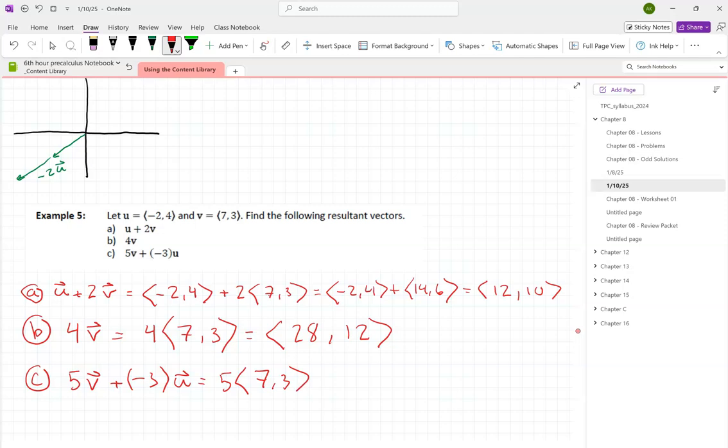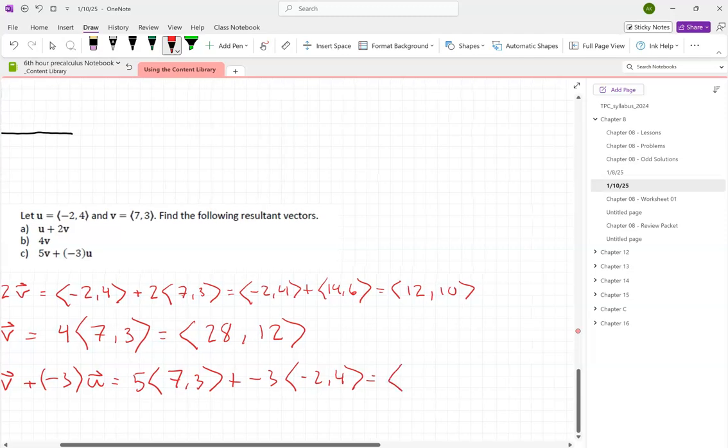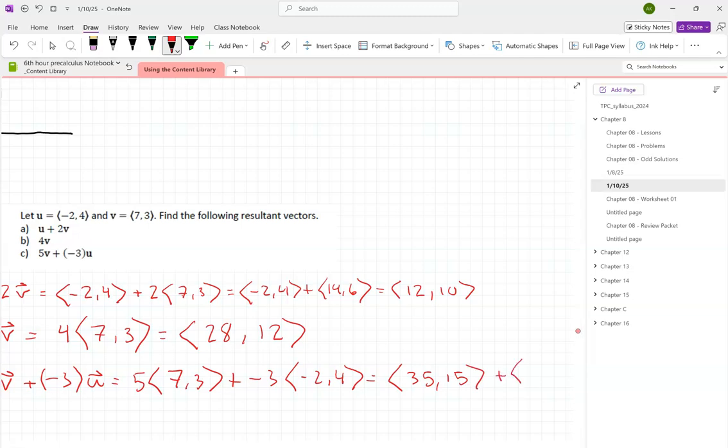So again, I'll start by just dropping in my u's and v's. I'll follow my order of operations, so I want to do my scalar multiplications first. So 5 times 7 is 35. 5 times 3 is 15. -3 times -2 is +6.